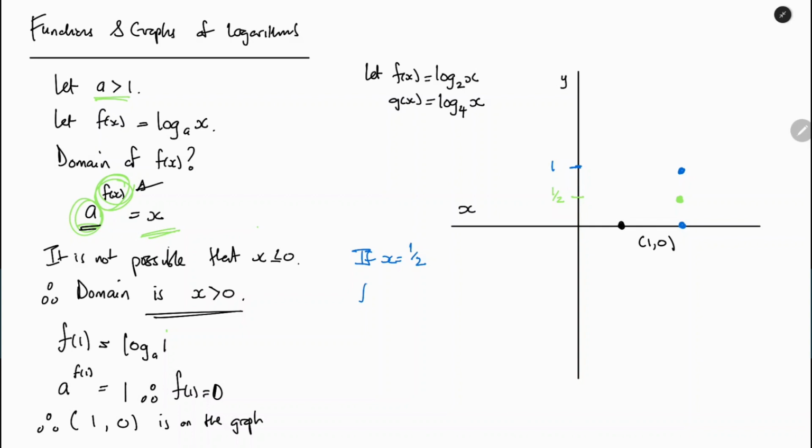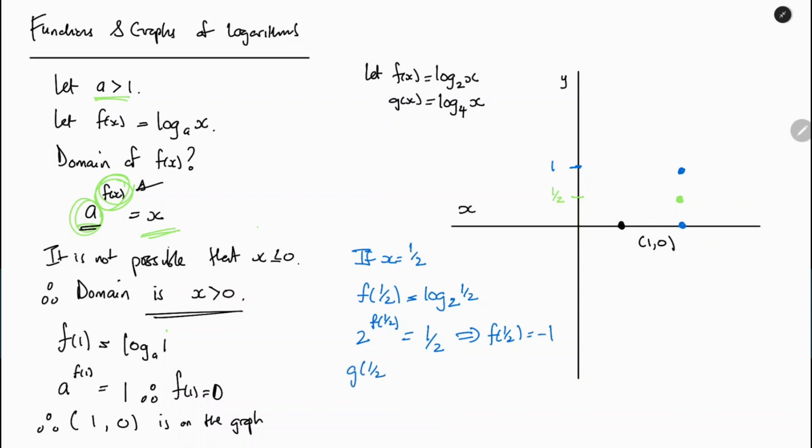If x is equal to a half, then f of a half is equal to log base 2 of a half, which means 2 to the power of f of a half is equal to a half. Clearly, this implies that f of a half is equal to minus 1.